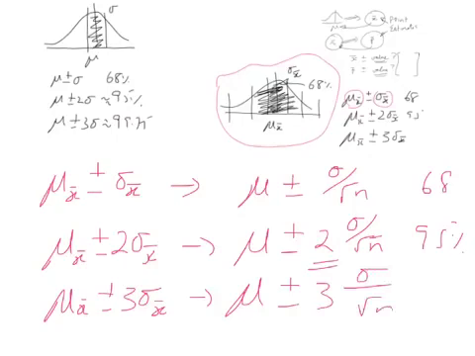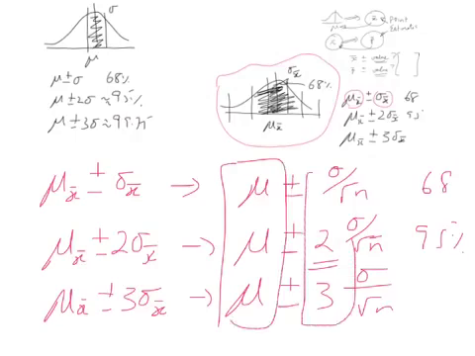So what do you notice about applying the empirical rule in this fashion? What we have is the population parameter, and then we have a value here which adjusts just how much of the area we capture. So when it's 1, it's 68%. When it's 2, it's 95. When it's 3, it's 99.75.